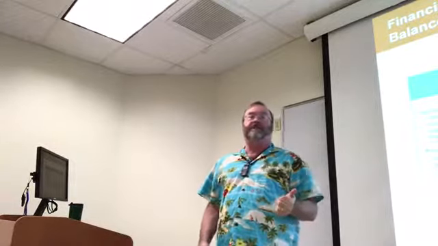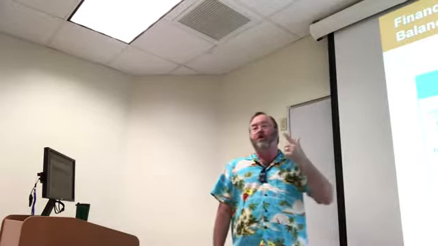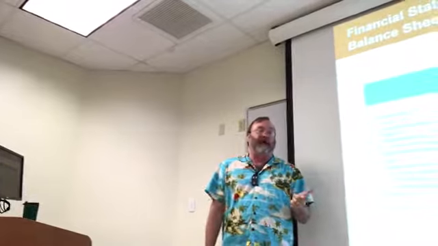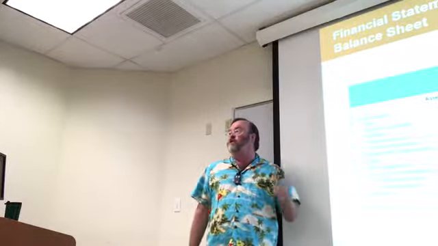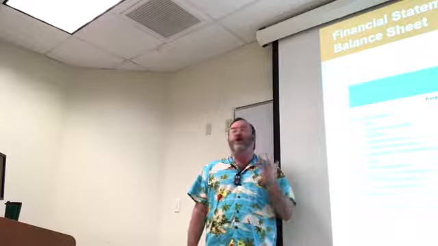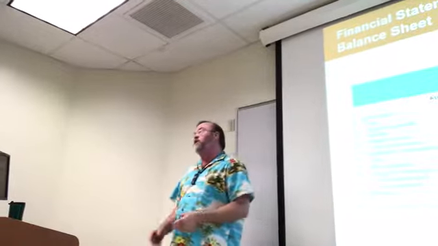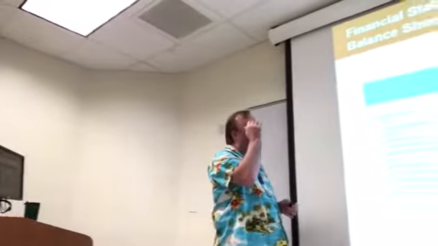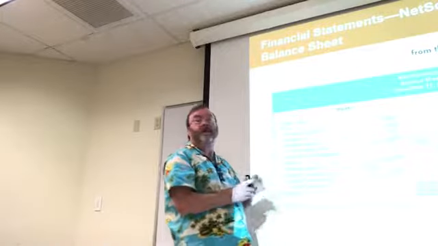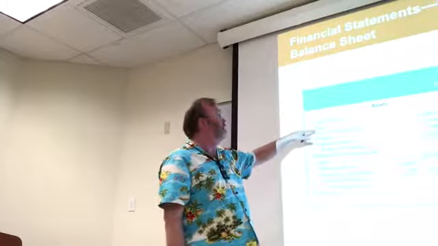Current assets are cash, what you're going to turn into cash, what you're going to sell, and what you're going to use up in the next 12 months, or an operating cycle, whichever is longer. All right? So it's cash, what you're going to turn into cash, that's accounts receivable in this case.